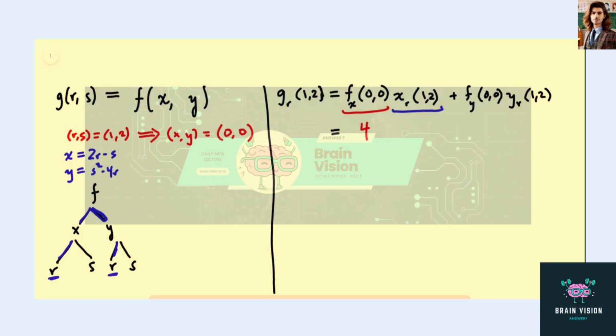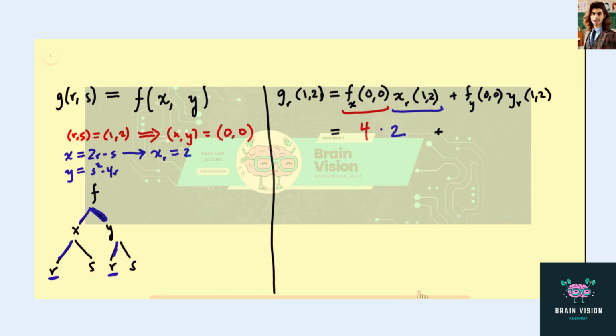For this next part, x partial r, well, here is our definition of x. The partial derivative with respect to r, we can see just at a glance it's just going to be 2, independent of what r and s are. So in this case, it doesn't even matter that our point was 1, 2.